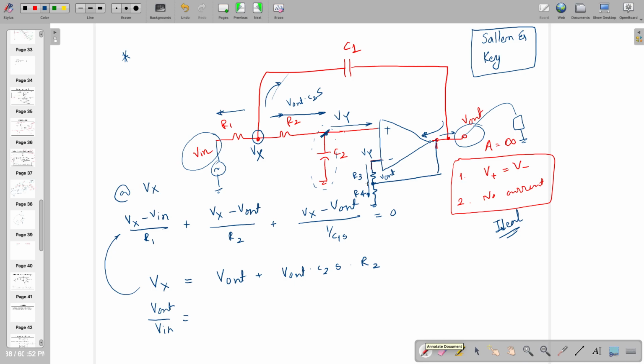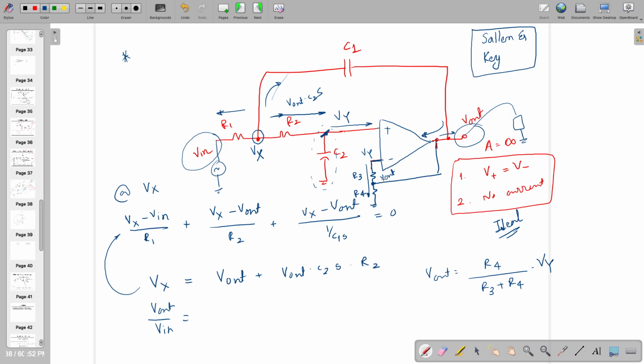But this depends on the R3 and R4 values. So can you tell me what V out is in terms of Vy? You agree with this? If this ratio is less than 1, then Vy is lesser than V out.